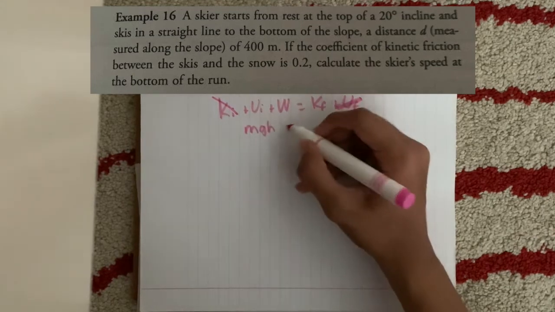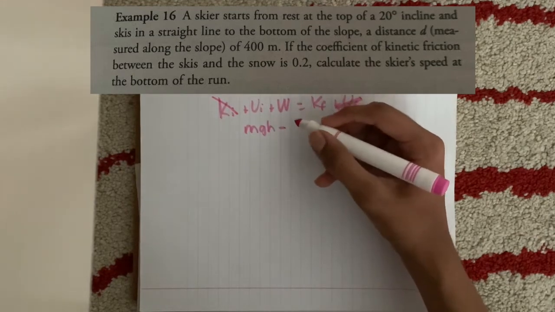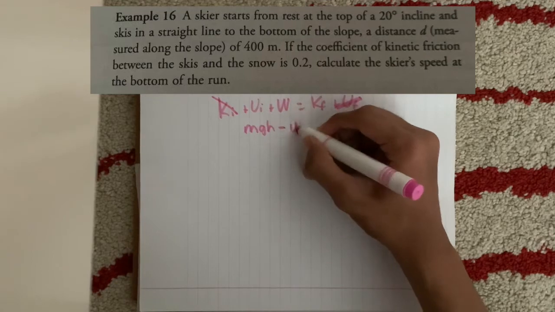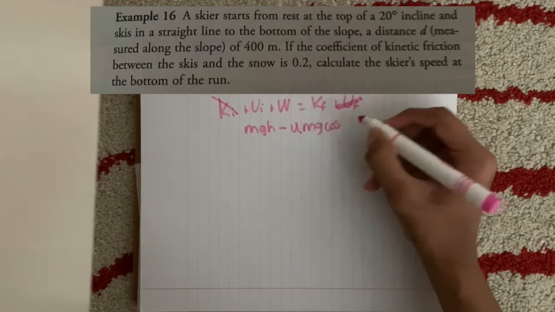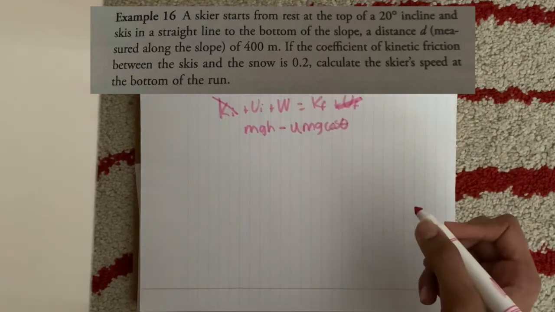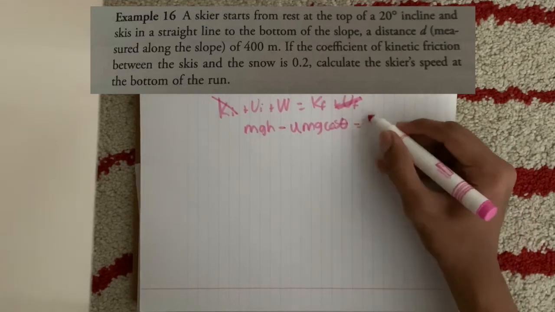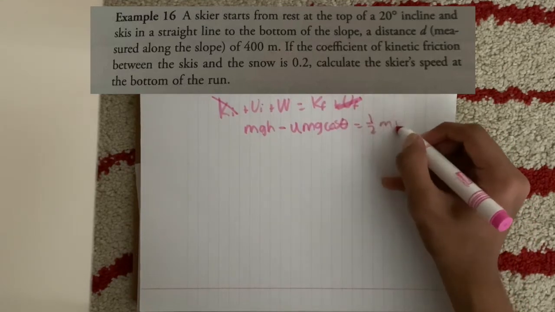So mgh minus the force of friction, which is mu mg cosine theta, because that's the friction force for inclined planes, and this is equal to 1/2 mv squared.